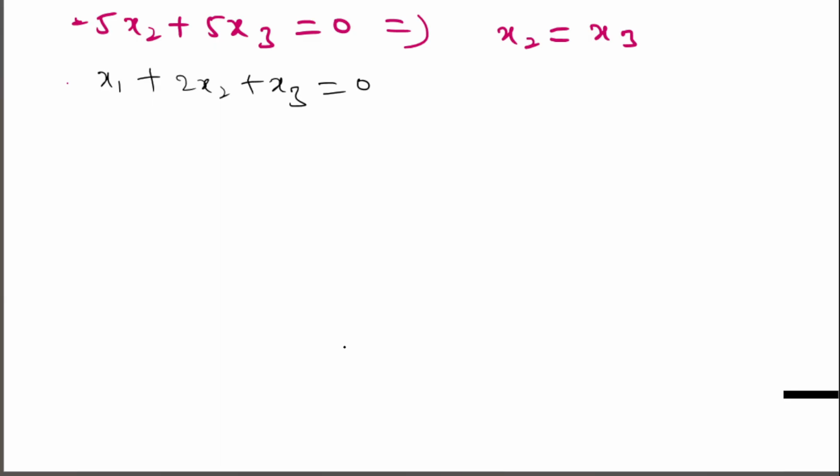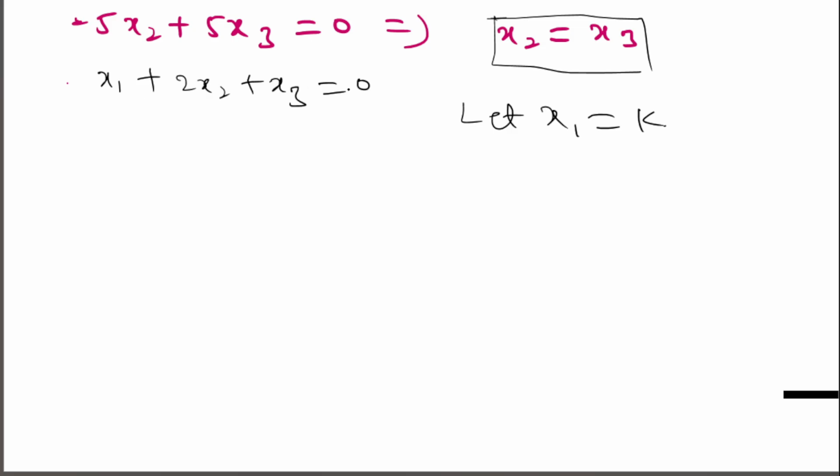Here these two values are equal, x2 equal to x3. Then we have to take x1 as k, because these values cannot be found. We have to choose x1 as k, then substitute x1 in this equation as well as x2 and x3 values.